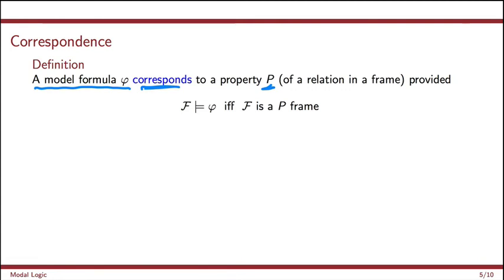So P might be something like reflexivity, or transitivity, or seriality, what have you, provided for all frames, phi is valid on that frame if and only if that frame is a P frame. So you can think of this as if a property P has a modal formula that corresponds to that property, then that modal formula defines a particular class of frames.